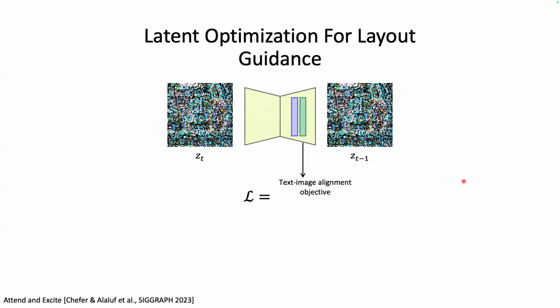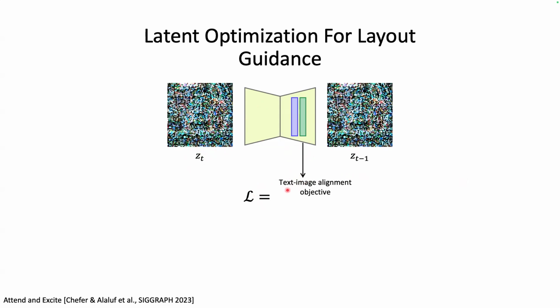Okay. So a common way to resolve that is to optimize ZT along the denoising process. Along the denoising process, before we denoise ZT into ZT minus 1, we apply the model and compute some objective.